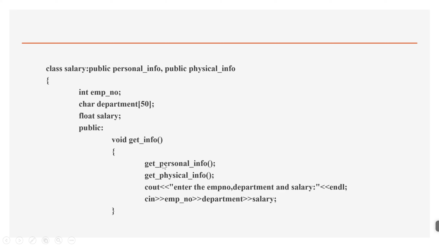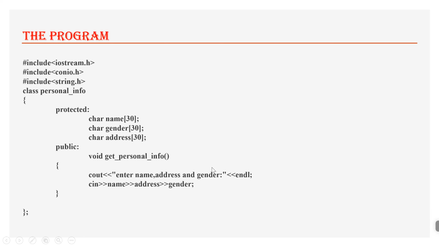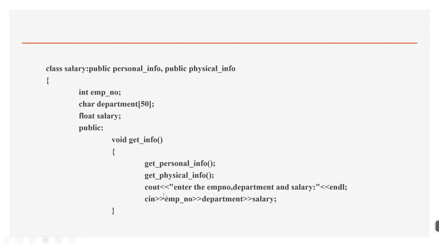The function is defined in the personal info class, so this particular function is getting the details from personal info. When the compiler executes this particular instruction, ultimately it goes to this function wherein you are supposed to enter the name, address, and gender. So that will be through inheritance.